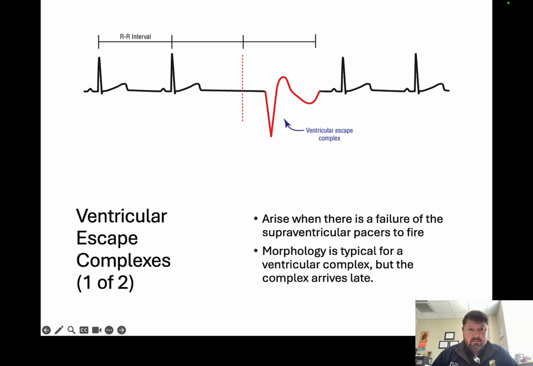cardiac output. The morphology is typical for a ventricular complex, meaning that it's going to be wide and bizarre, but because it is a ventricular escape and not a premature ventricular contraction, it is going to arrive late instead of early.